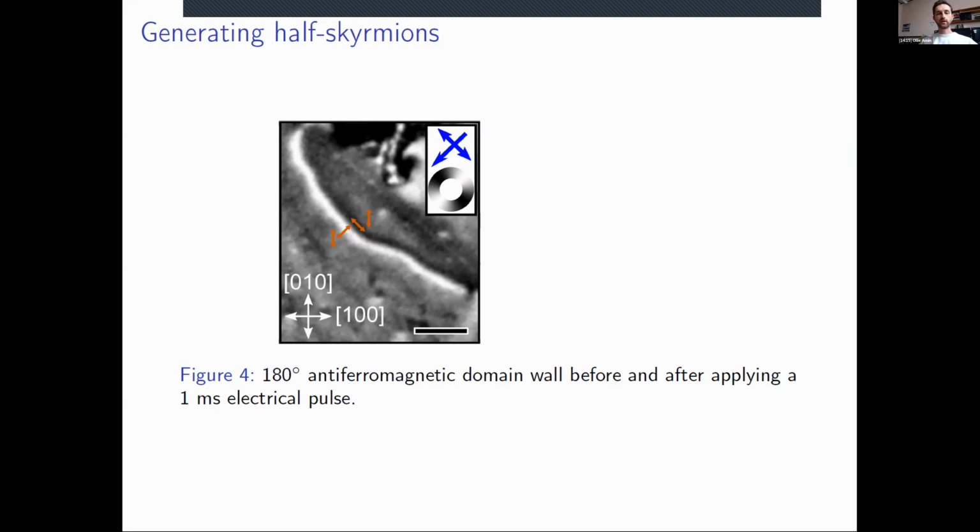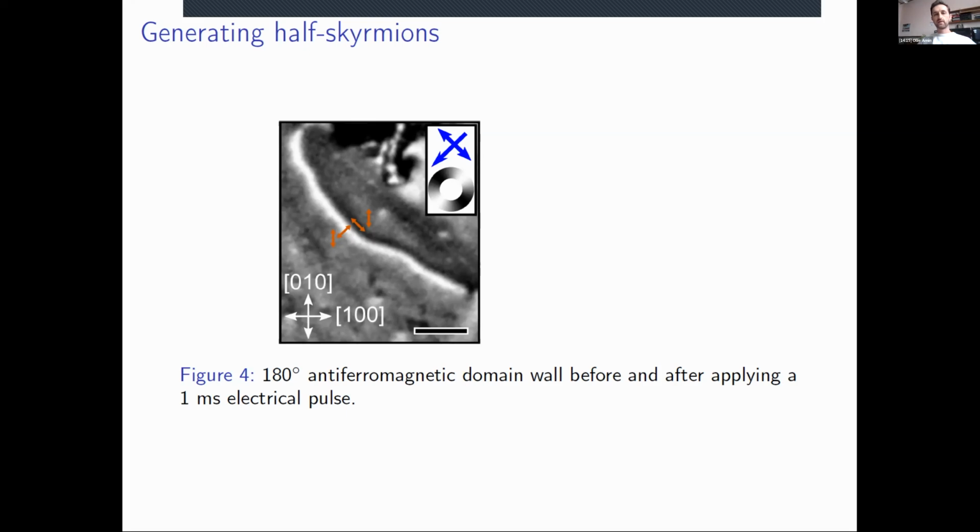So if you follow the Néel vector axis through that structure, you can see that the Néel vector axis is rotating by 180 degrees. Here we've got light contrast, which is perpendicular to the X-ray polarization, which I've shown with this double-headed arrow in the top right corner. And then black is parallel to the X-ray polarization. So here we're able to identify the Néel order axis.